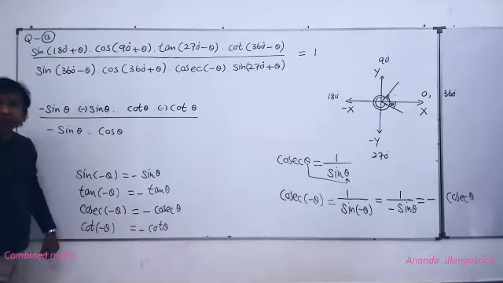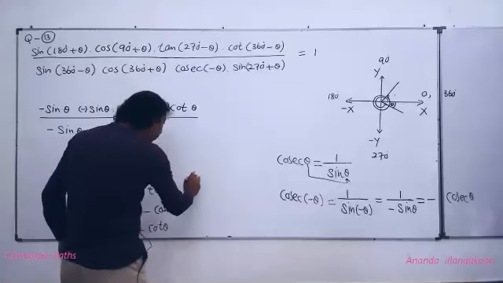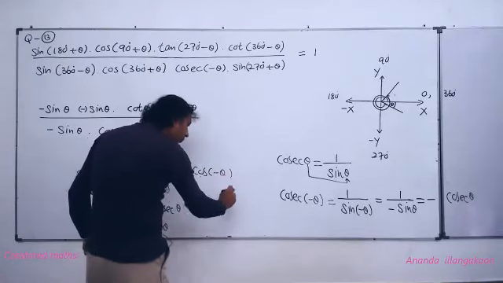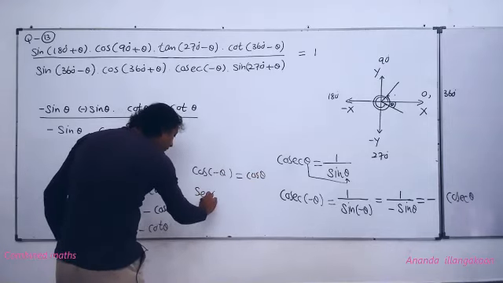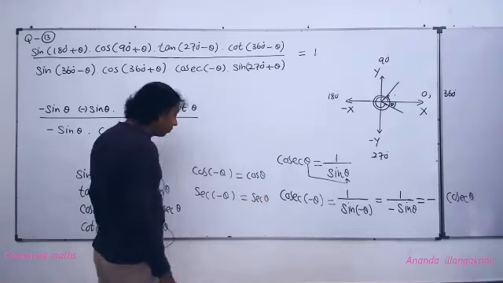And if you have cos and sec, you can't take them out. That means if you have cos minus theta, can you take this minus sign out? No, that's wrong, it is cos theta. Sec minus theta, therefore, is also sec theta, not minus sec theta.